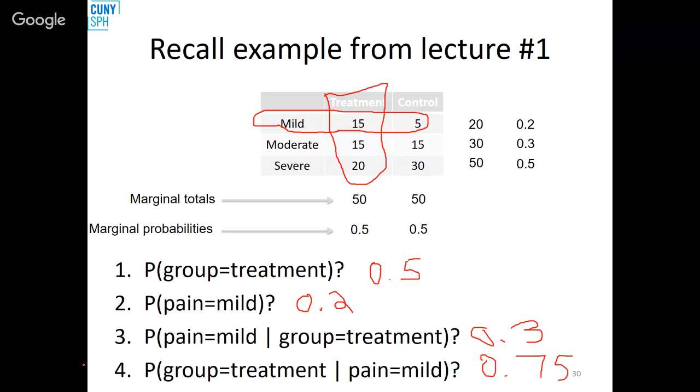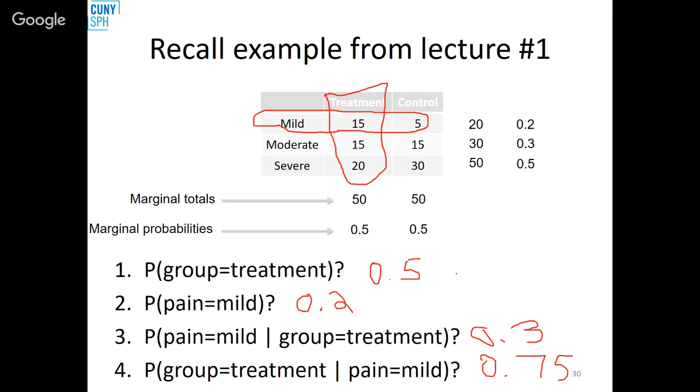So the probability of being in the treatment group conditional on pain equals mild. This is like asking, of all of the people who experienced mild pain, it's conditional on having experienced mild pain, what is the probability that one of those people was in the treatment group?